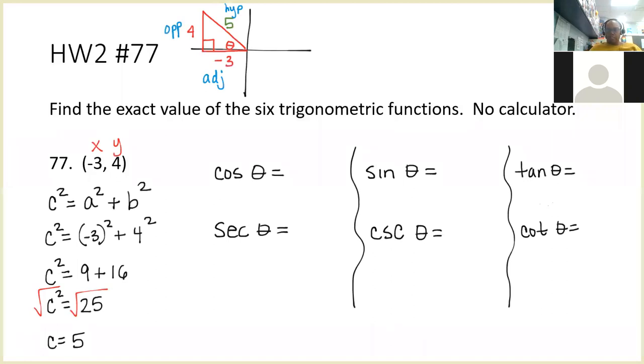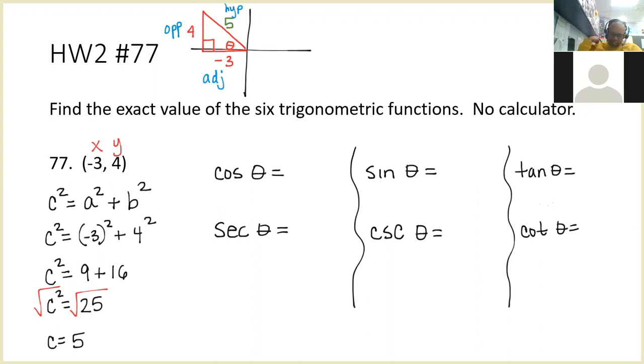Okay, so let's go ahead and fill it in. First of all, I know that in quadrant 2, my cosine is going to be negative because x is negative. So these two are negative.